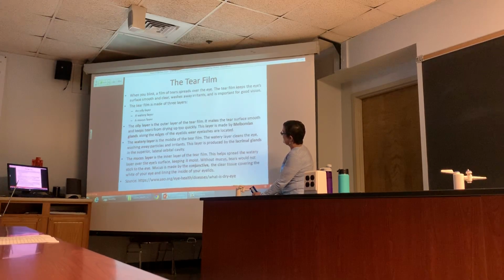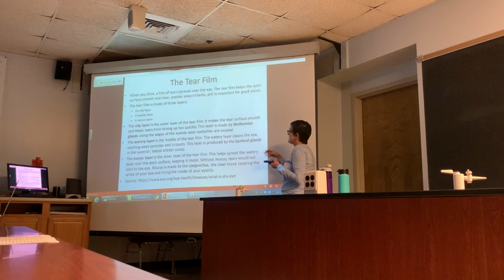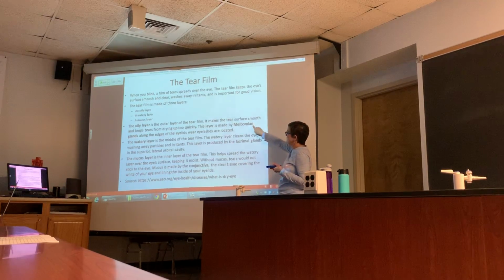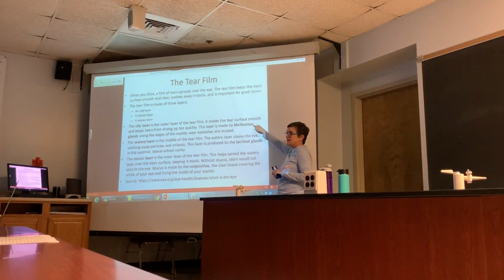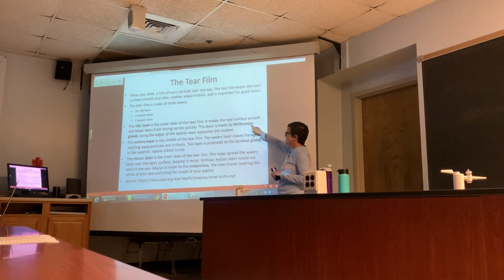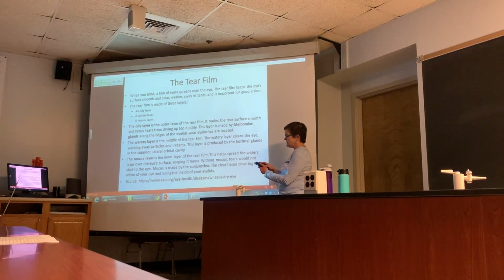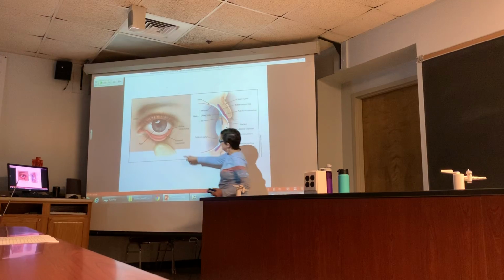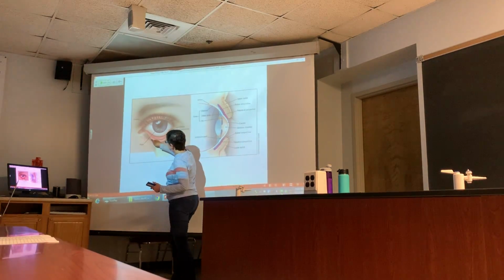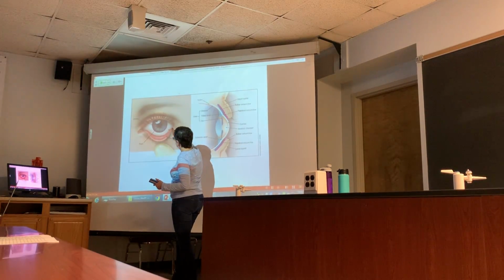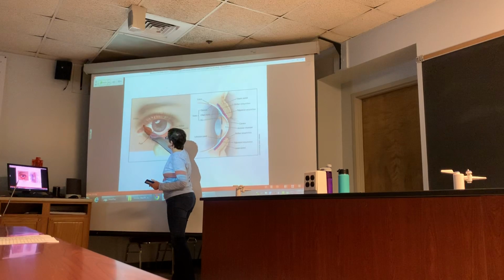This prevents the tears from drying too quickly. Some people have problems with the meibomian glands that produce this oily layer. We'll see where those glands are, but they're basically located right along the rim of your eyelids, right behind the eyelashes.